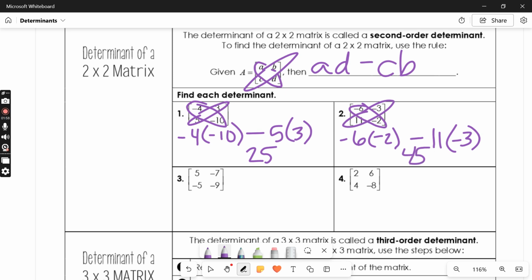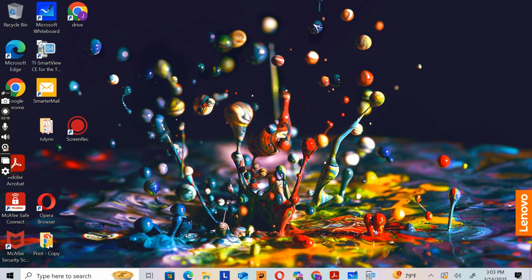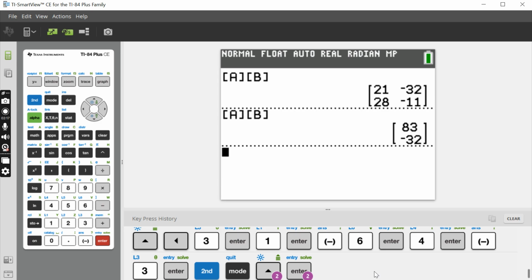I'm also going to show you how to do this in your calculator really quickly with that last one so you can double check your answer. Most people don't normally do the determinant in their calculator because it takes longer to put it in than to just do it, but I'll show you how it's done. Let's find our calculator.